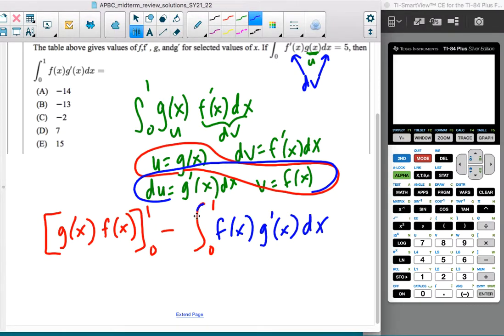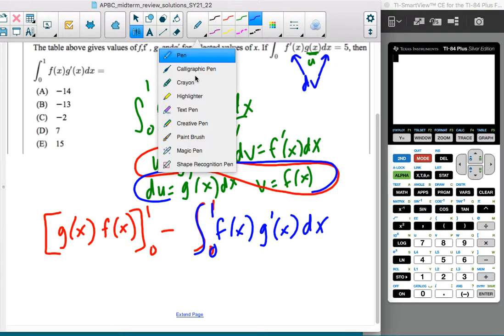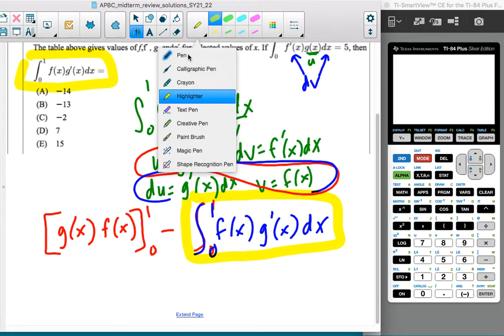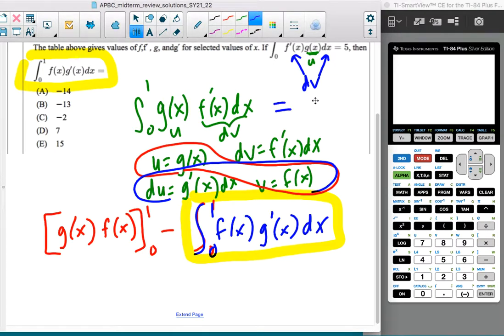Well, the thing I want you to notice is this right here is the quantity they ask for. So I'm told that this whole integral is a 5. Well, this is a 5, and this is stuff I can find from the table.